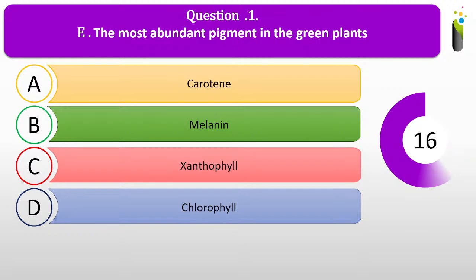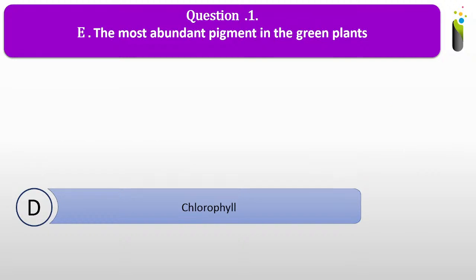So which is the most abundant pigment in the green plants? The correct answer for this question is obviously D, that is chlorophyll. So chlorophyll is the most abundant pigment in the green plants.